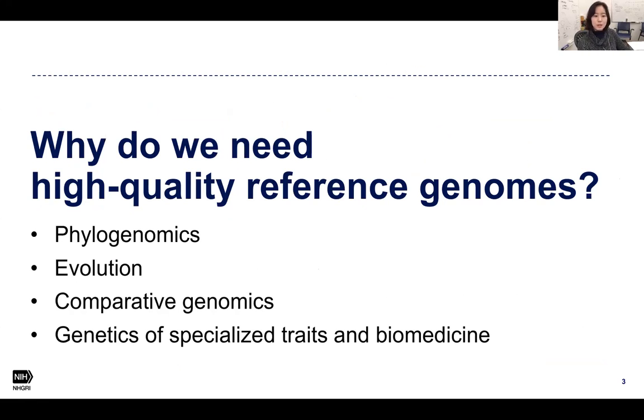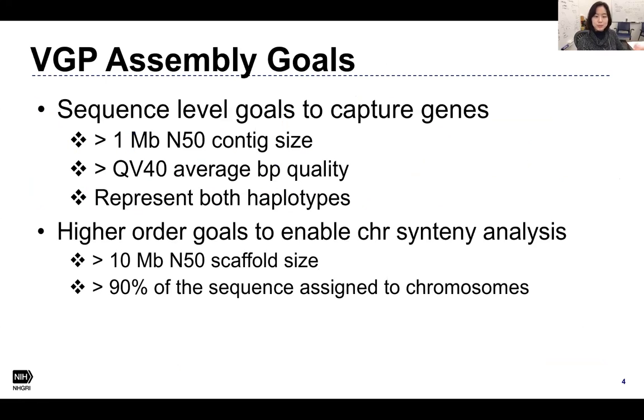The goal here is to make good reference quality assemblies. Initially we had a standard, a goal to capture all the genes properly and correctly in their form, and not only the genes, also the structure in the genome. We had some numerical goals set up here, which are likely to change in the near future. But it's essentially about contiguity.